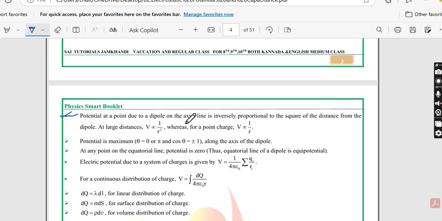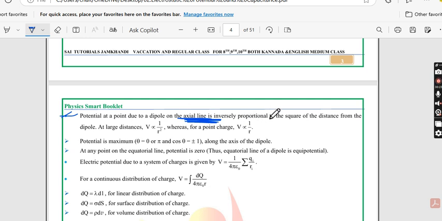See, potential at a point due to a dipole on the axial line. I have considered the expression for an electric dipole on the axial line. If the point P is on the axial line, theta will become 0 degree.